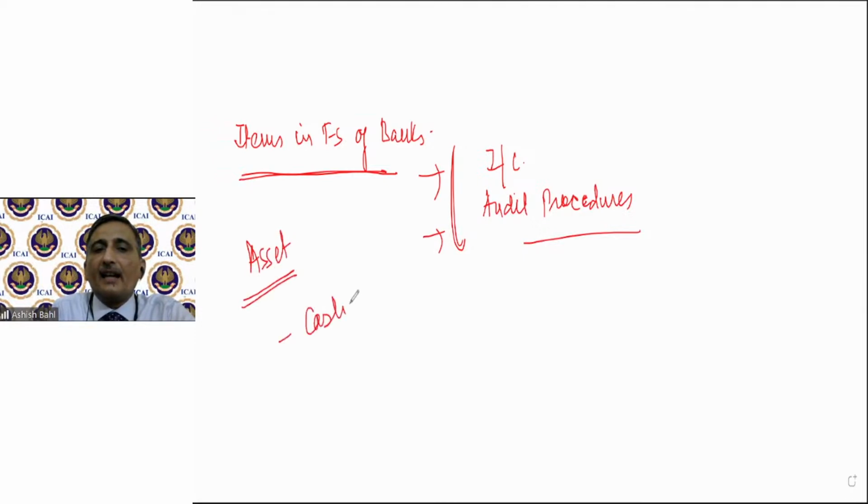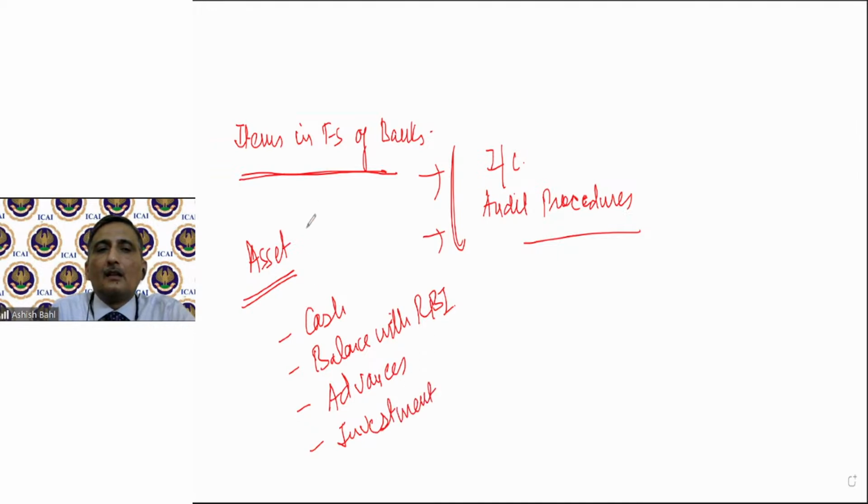Like cash in hand, cash balance with the RBI, balance with other banks, advances, investments. These are some of the items appearing on the asset side in the balance sheet of a bank. And on the liability side, there is capital, there are borrowings, there are deposits, and other liabilities.